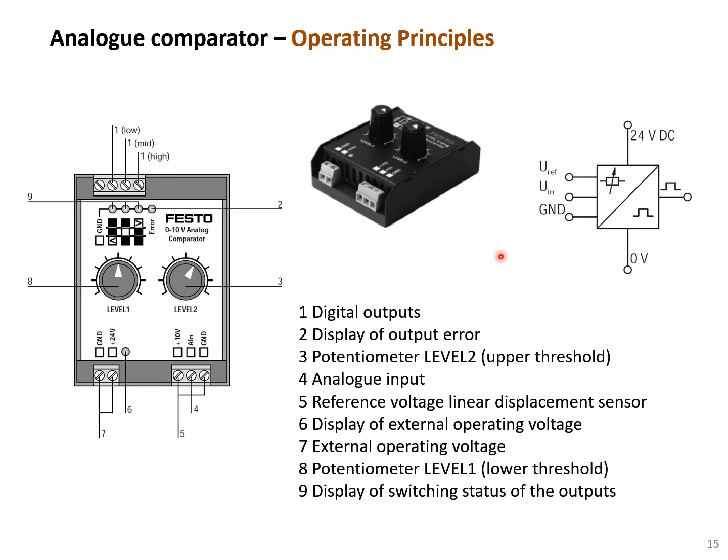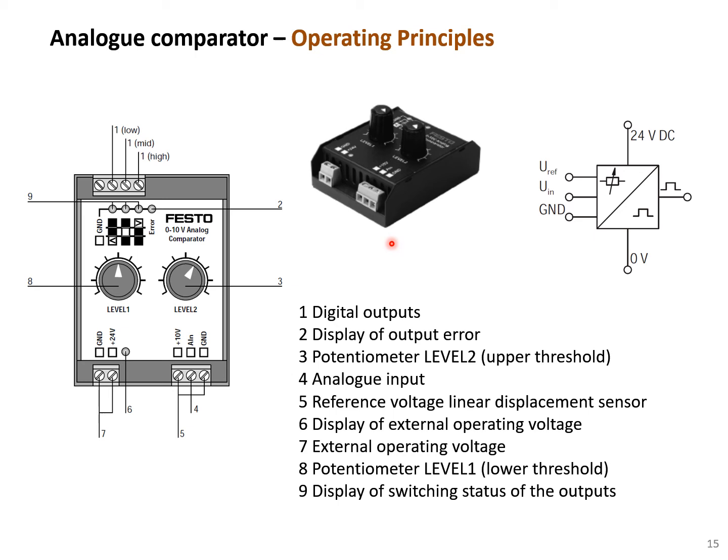And since in the MPS 500, or I could say on the testing station, we don't have an analog input module on the PLCs, then we need to have an analog comparator, because the output of the potentiometer is an analog signal, and that cannot be accepted by a PLC.